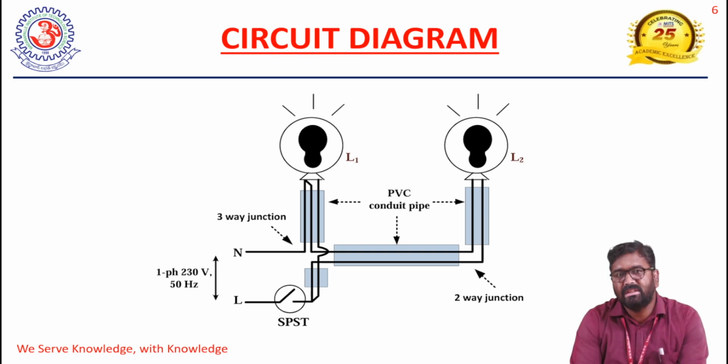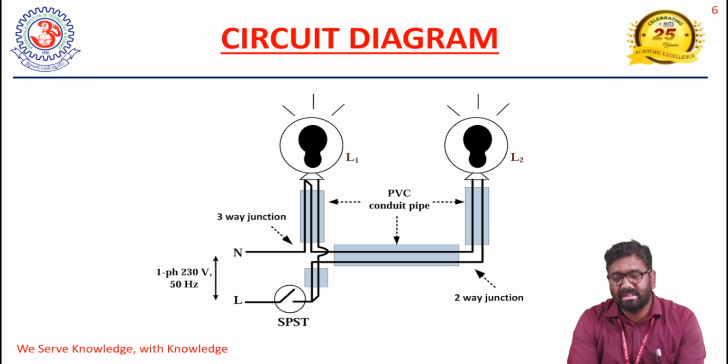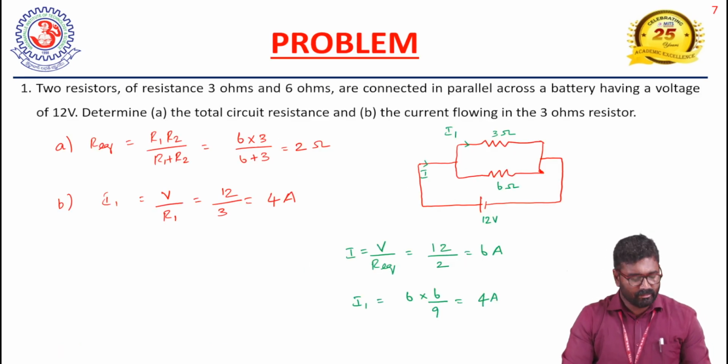You can check that the neutral part as well as the line part are individually connected for each and every holder for lamp 1 as well as lamp 2. In case lamp 1 is damaged, lamp 2 will still work. For example, if lamp 2 is damaged, lamp 1 will still work, depending upon the individual connection in parallel circuits. Okay, and now we will see one problem.